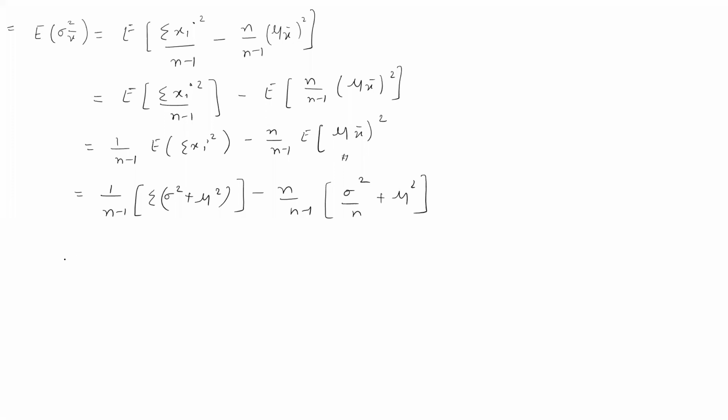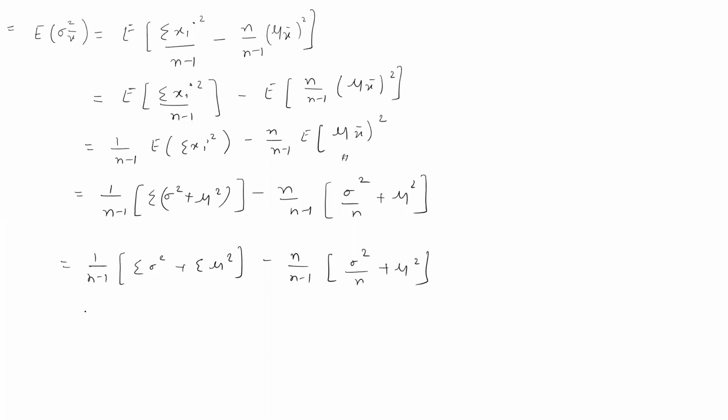So now we have to just sort this out. So 1 by n minus 1, if you take summation of sigma square plus summation of mu square here, minus n by n minus 1 times sigma square by n plus mu square.